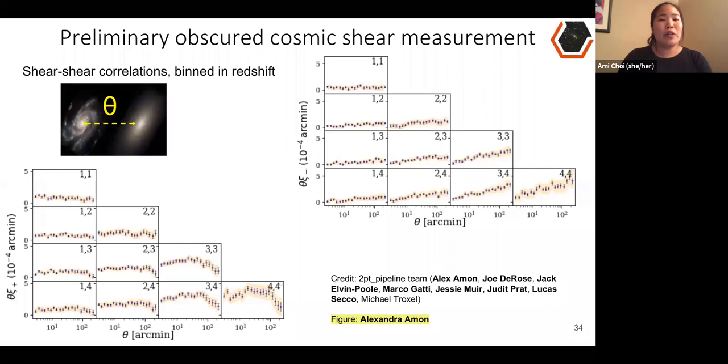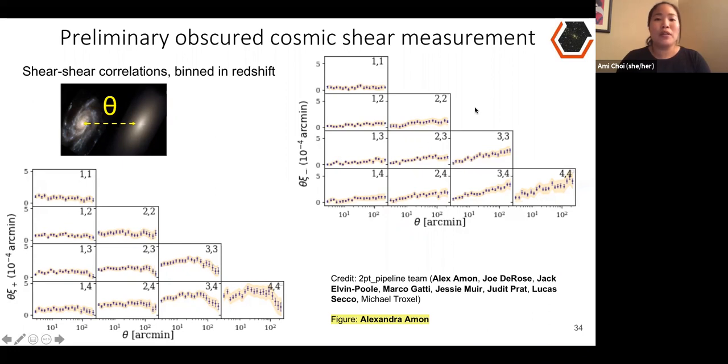These are shear correlations, psi plus and psi minus, binned in redshift. One is the lowest redshift bin, so this top panel is the lowest bin autocorrelated with itself. So the ellipticities, both from the lowest redshift bin. 4 indicates the highest redshift bin. And then you also have numerous cross correlations in between 1 and 4.